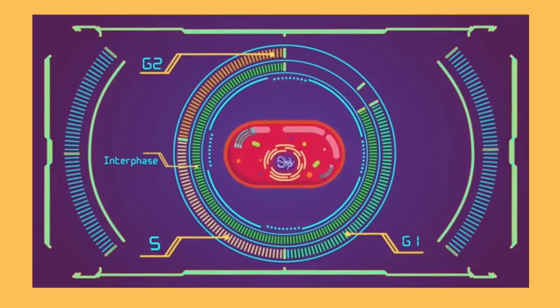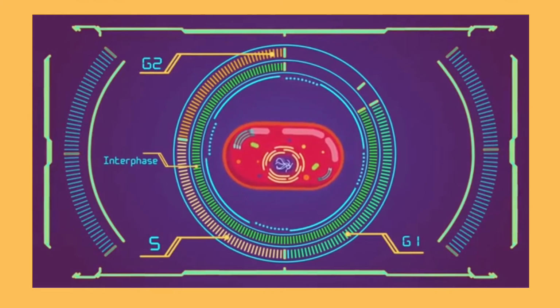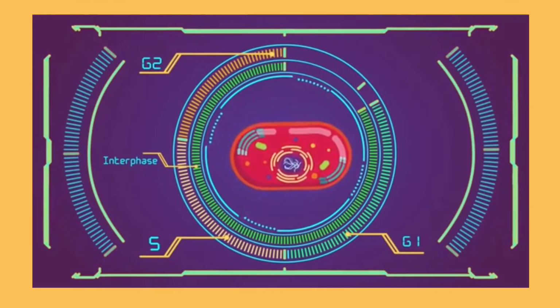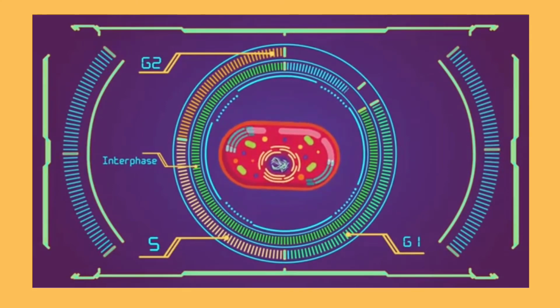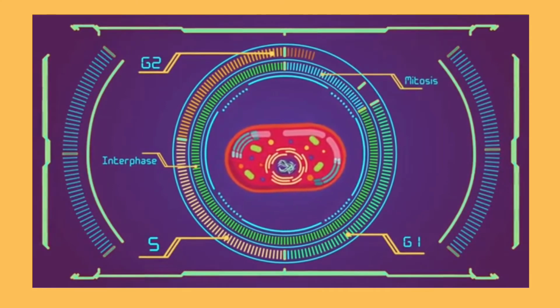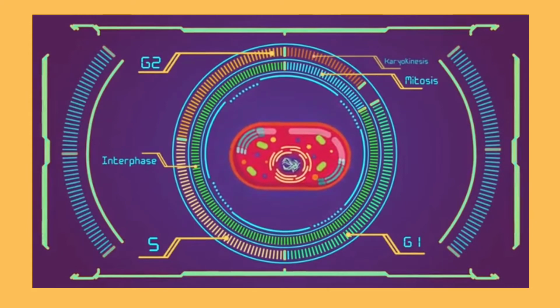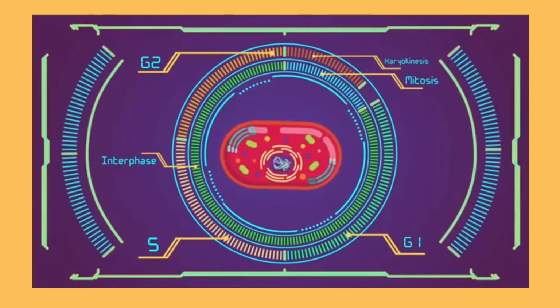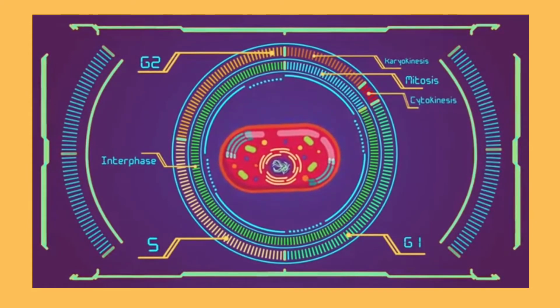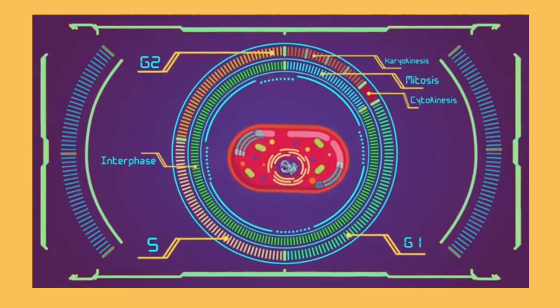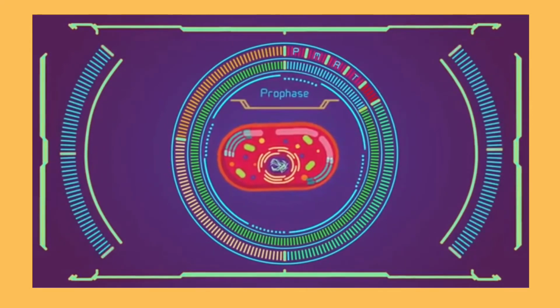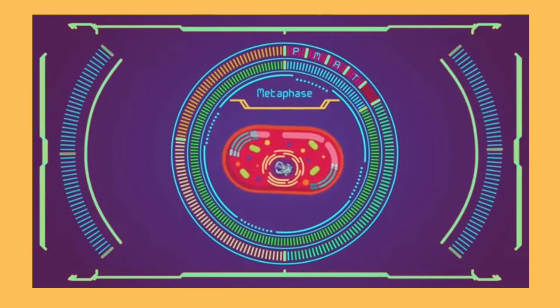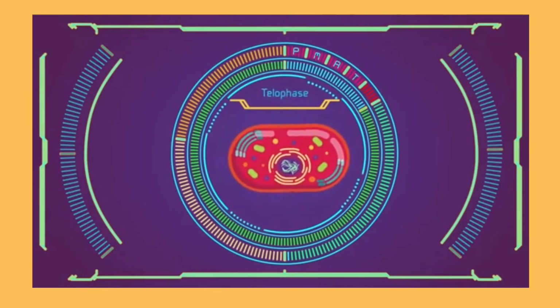It prepares the cell for division, i.e. protein synthesis, DNA duplication, and enzymes. After this phase comes mitosis, which is further divided into karyokinesis, division of nucleus, and cytokinesis, division of cytoplasm. Karyokinesis involves the 4 basic steps of mitosis that are prophase, metaphase, anaphase, telophase.